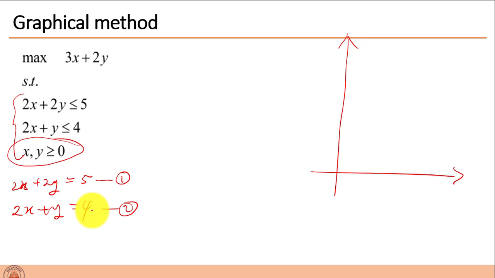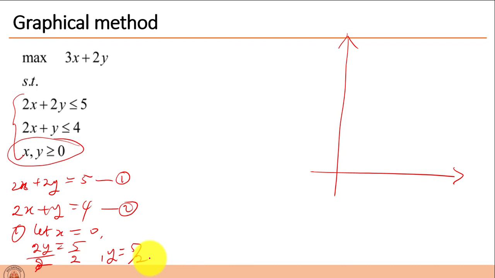Alright, so for now, let's draw the graph. How do we get the line down? Let's get the coordinates. For the first equation, let x equal 0. So if x is equal to 0, 2y equals 5. So just divide by 2, divide by 2, and y equals 5 over 2.